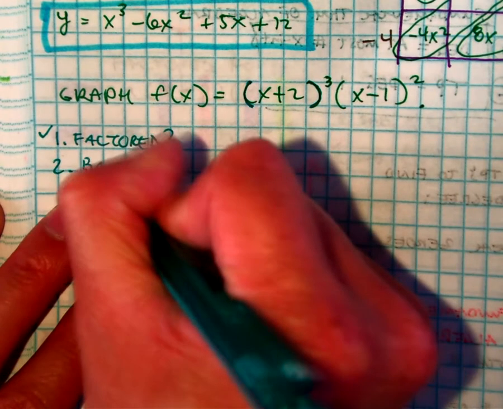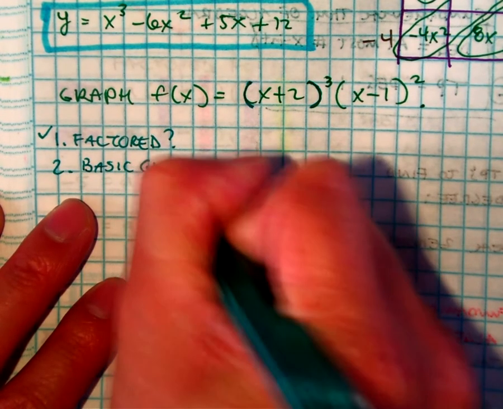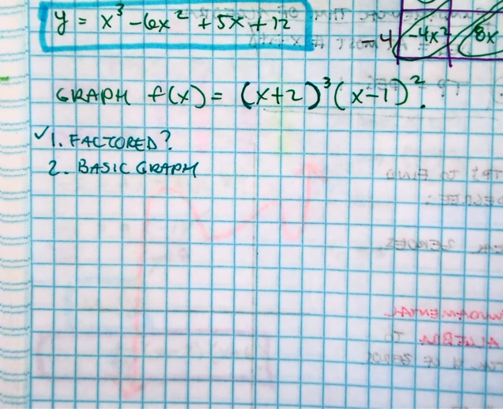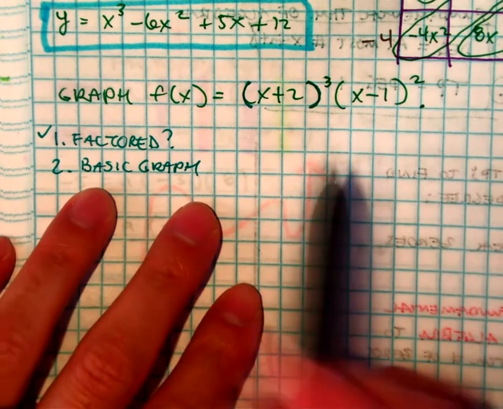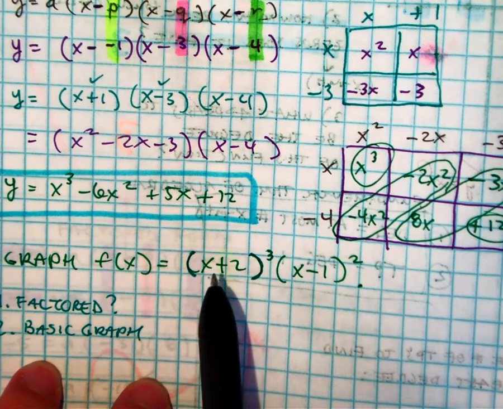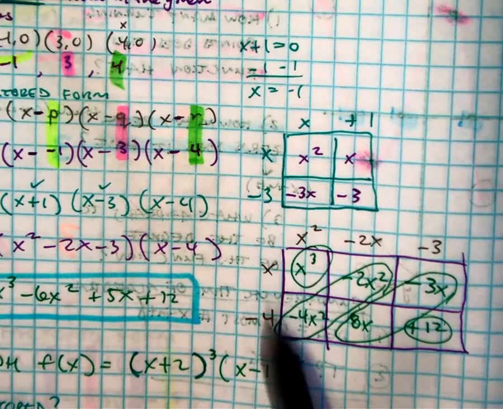Let's get a basic graph. Now, I don't want to do what we just did in the last problem. I could expand this, x plus 2 times x plus 2 times x plus 2, and you're doing a lot of boxes, right?